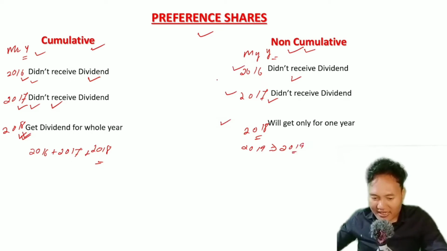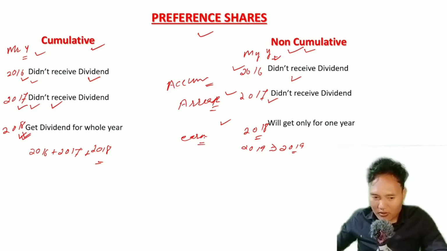The accumulated arrears will not be paid to the preference shareholders in case of non-cumulative preference shares. Only the dividend of the financial year where the company has earned profit will be paid.